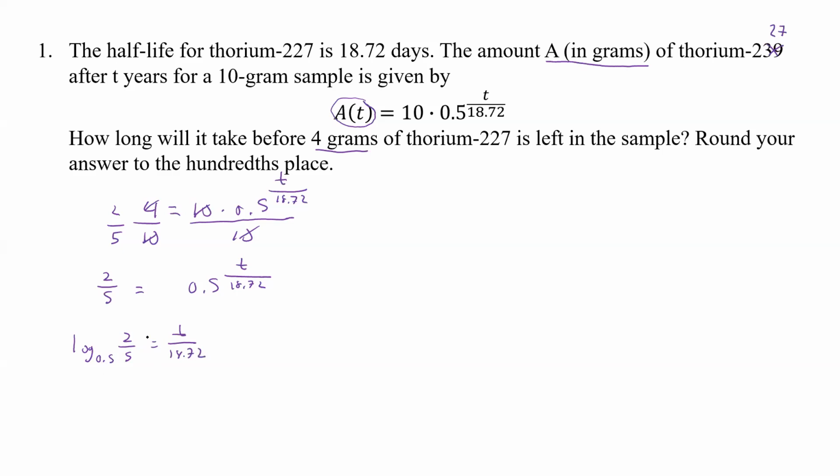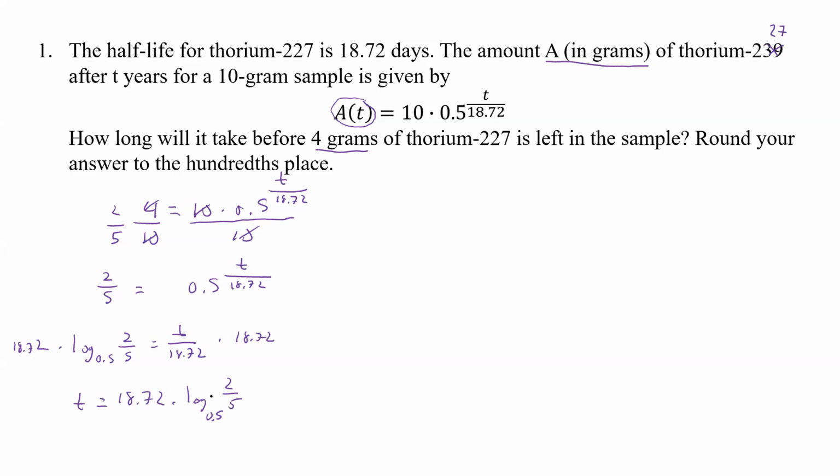So we have 0.5 to the t over 18.72 equals 2/5. Okay, so that's kind of how we've been doing it. Now I'm going to multiply by 18.72 because that gives me t. So t is equal to 18.72 times the log base 0.5 of 2/5. Okay.